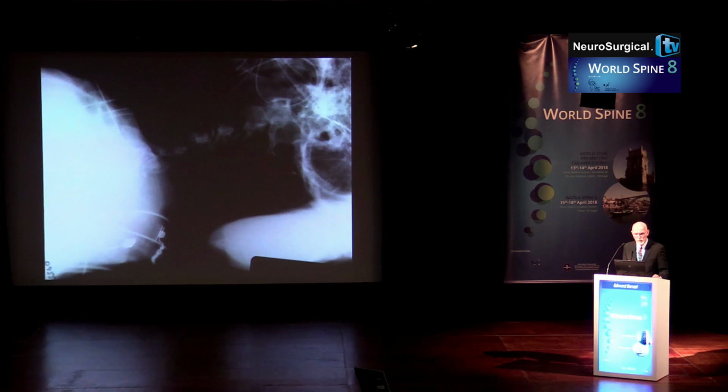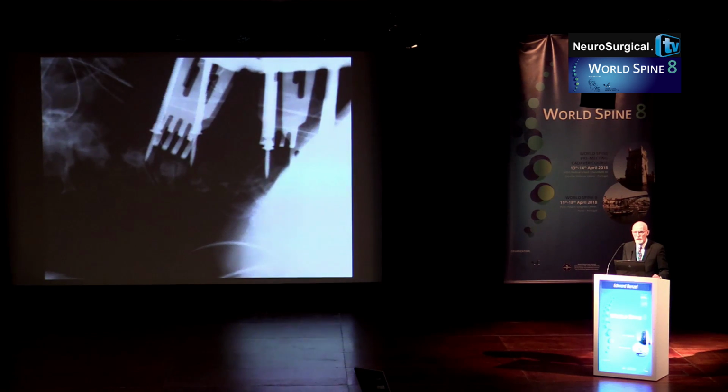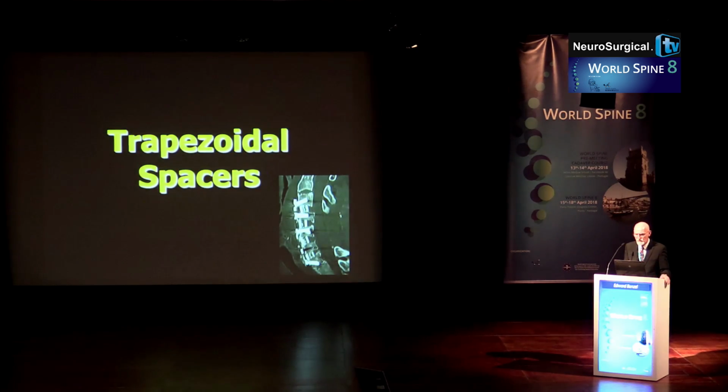So if we put a log roll under the shoulder and a pillow underneath the head and do our operation and begin loosening the spine and doing discectomies, etc., and using Caspar pins to correct deformity, we then can take the pillow out and let the head gradually lean or fall backwards. And one must have patience, particularly with dealing with these cervical and cervical thoracic deformities.